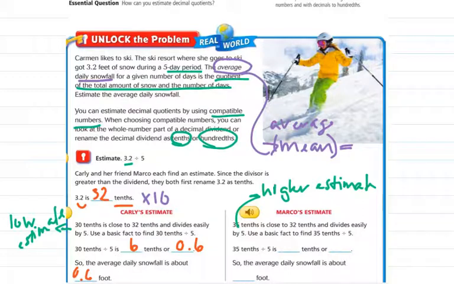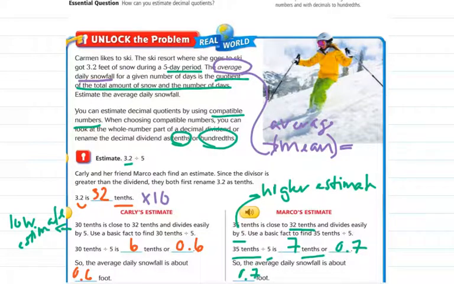So boys and girls, 35 tenths is really close to 32 tenths, and it divides easily by 5. So we're going to use the basic fact, 35 tenths divided by 5, which is 7 tenths, or in decimal form, 0.7. So the average daily snowfall is about 7 tenths foot.